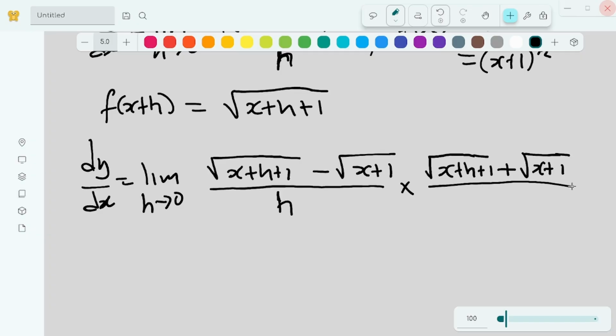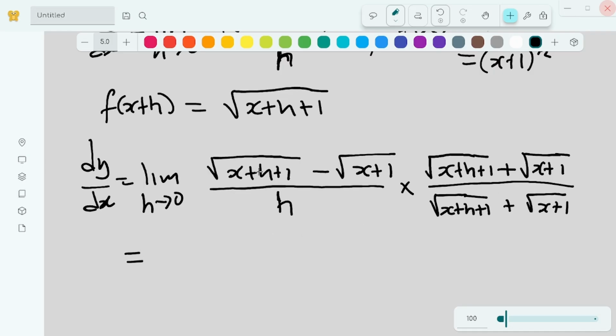Divide by the same thing to signify that you're just multiplying by 1, so there isn't any change that you've made mathematically.